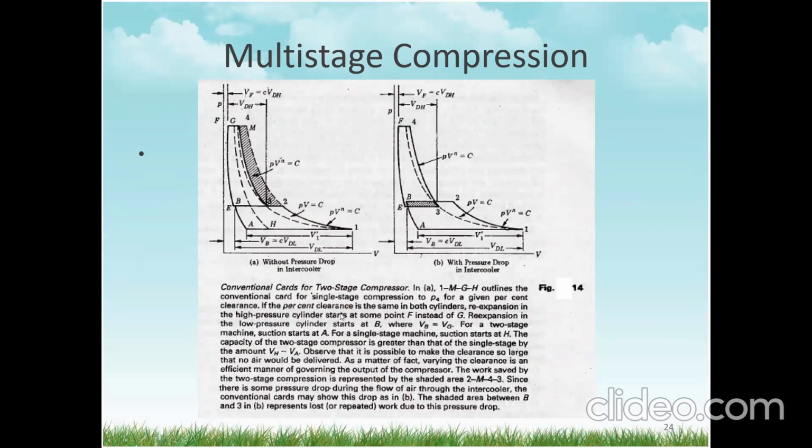If the percent clearance is the same in both cylinders, the expansion in the high pressure cylinder starts at some point F instead of G. Yan.